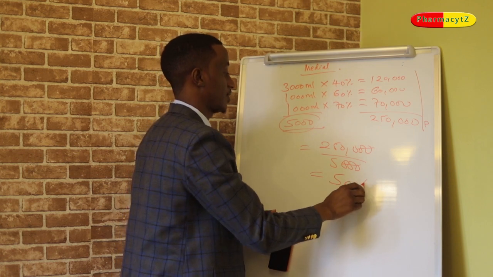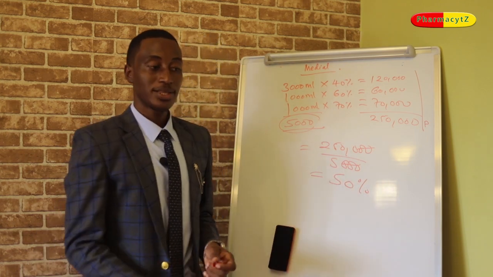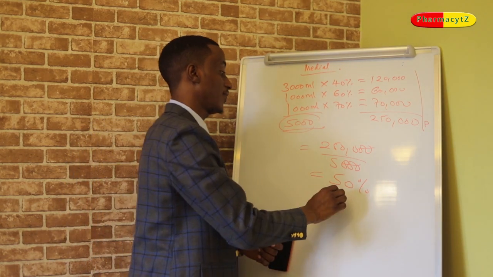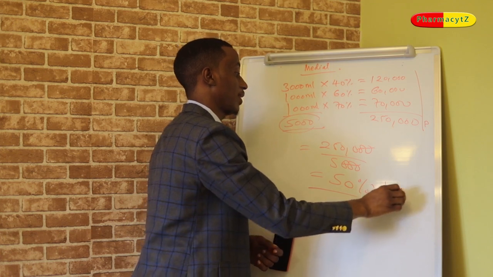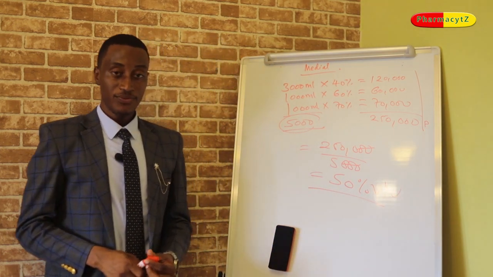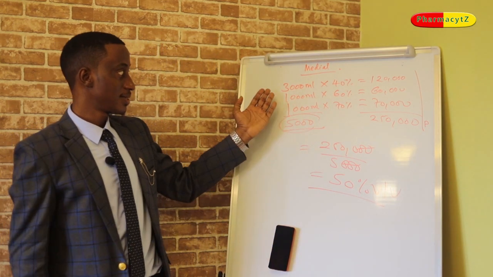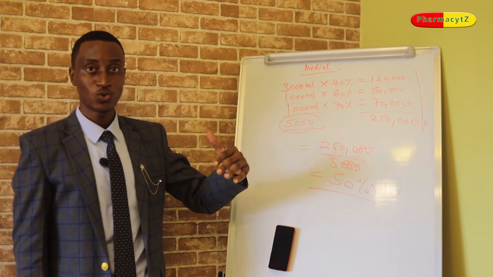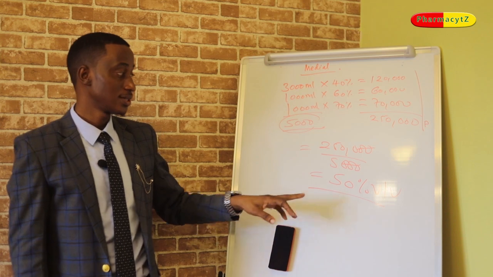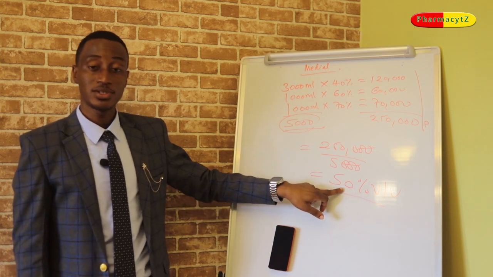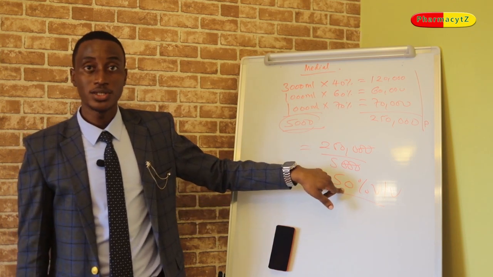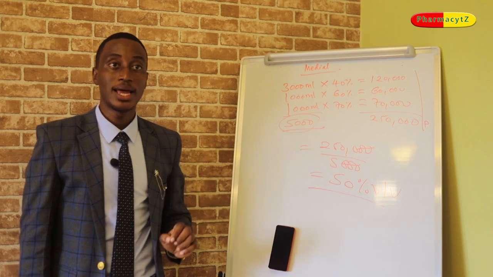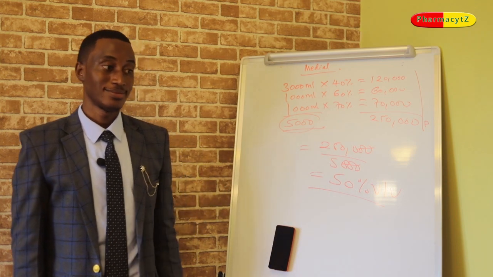And this is 50%. Remember, this was percentage, 50% volume in volume. So if you happen to mix these 3 kinds of alcohol with different concentrations, different quantities, the final percentage strength is 50% volume in volume, which has been obtained by alligation medial.